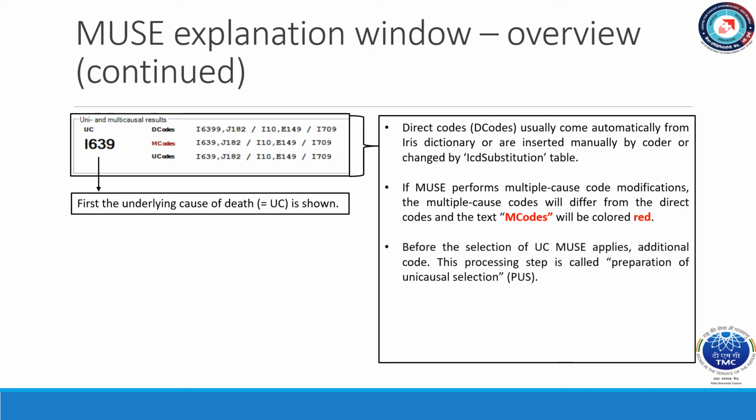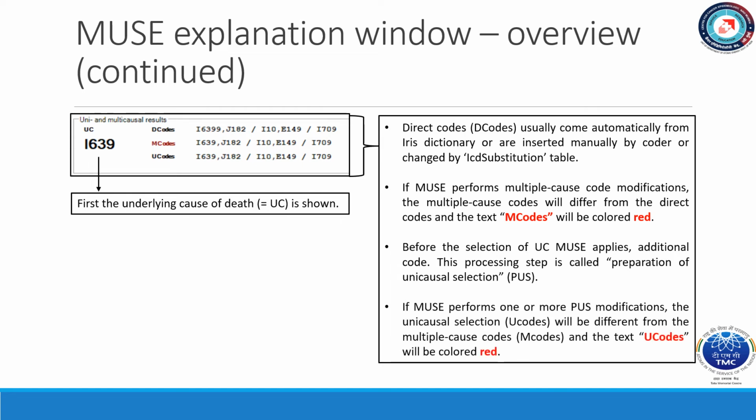Before the selection of the underlying cause of death, Muse applies additional code modifications which may contain deletion or substitution of Z codes and deletion of asterisk codes. This processing step is called preparation of unicausal selection, abbreviated as PUS.